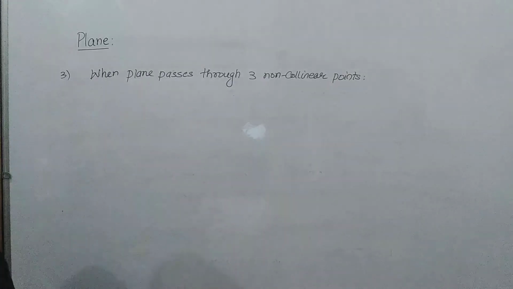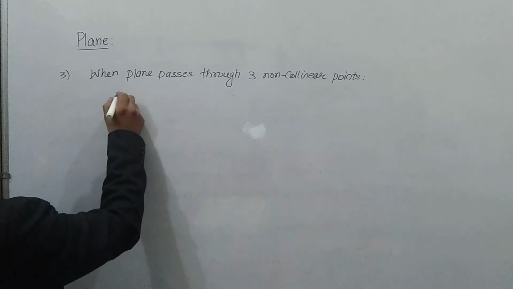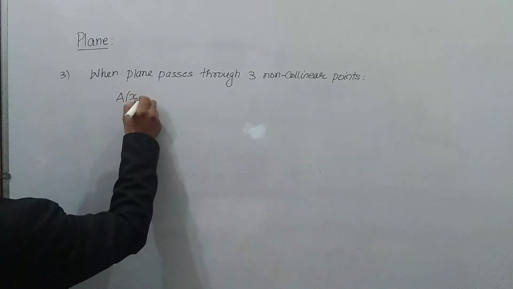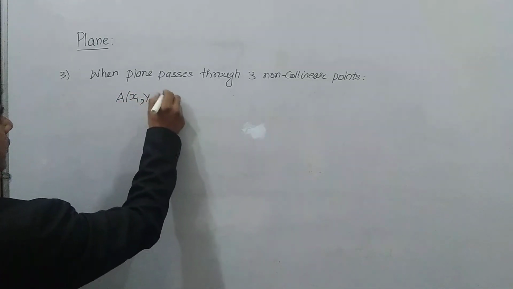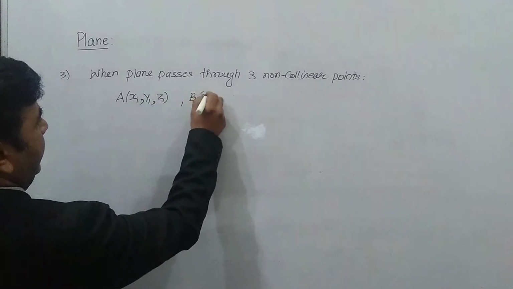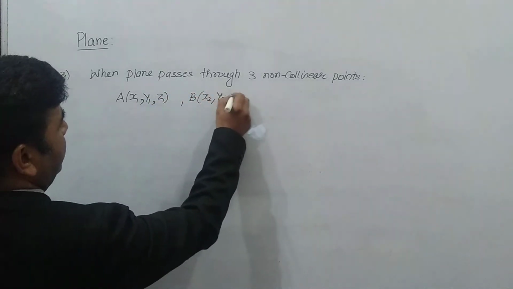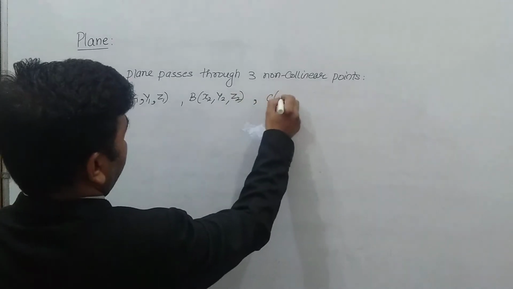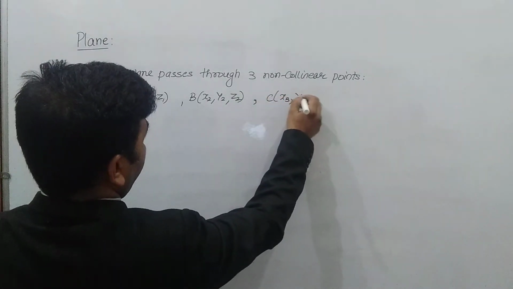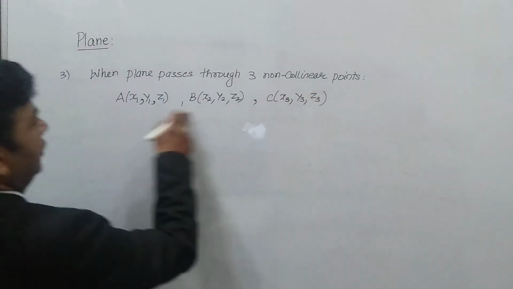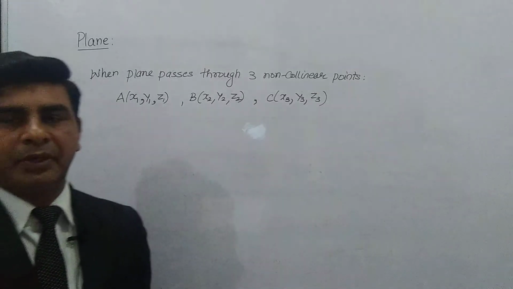Right, and this is given by, let these 3 points be x1 comma y1 comma z1, the second point x2 comma y2 comma z2, and the third x3 comma y3 comma z3. These are the 3 non-collinear points through which the plane is passing.